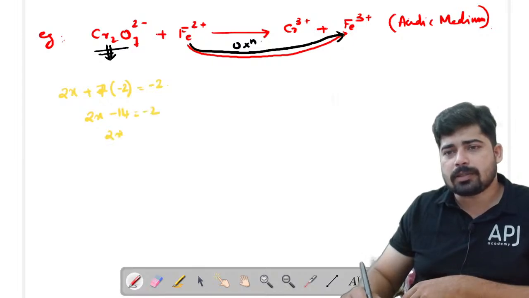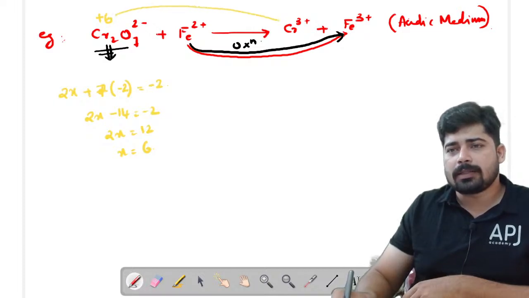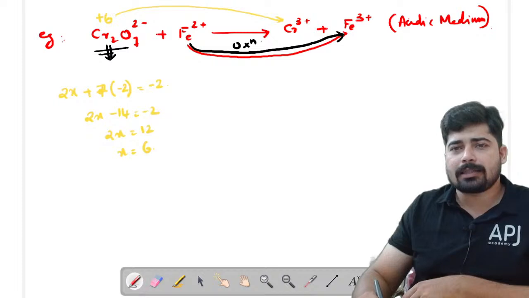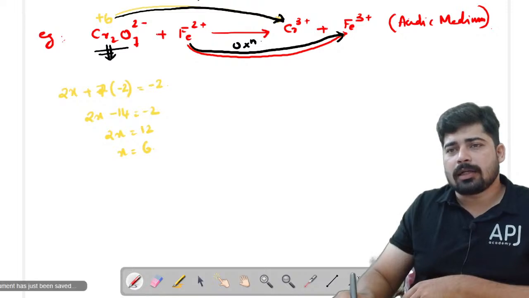That means 2x is equal to 12, x equal to 6. So the oxidation state of chromium is plus 6 and it got converted to plus 3. That means it has undergone reduction.